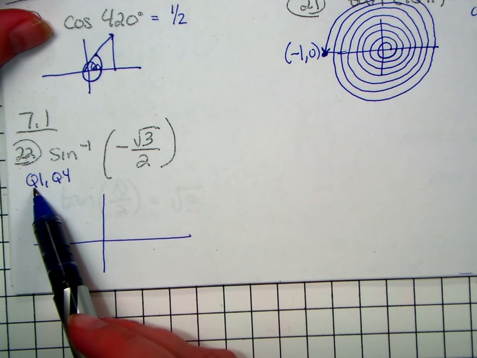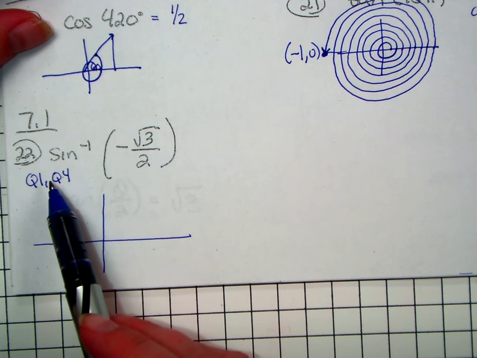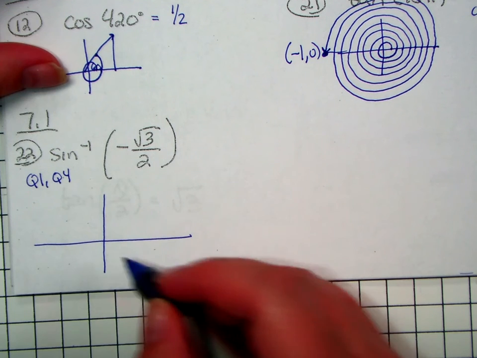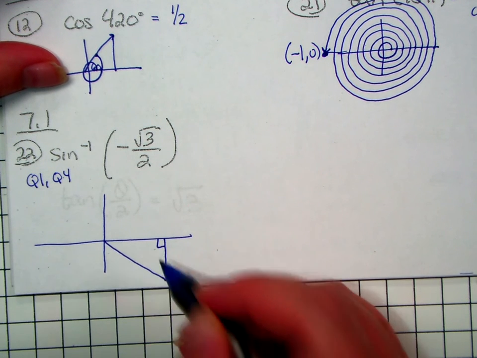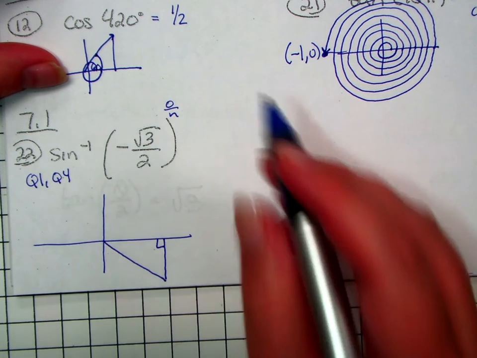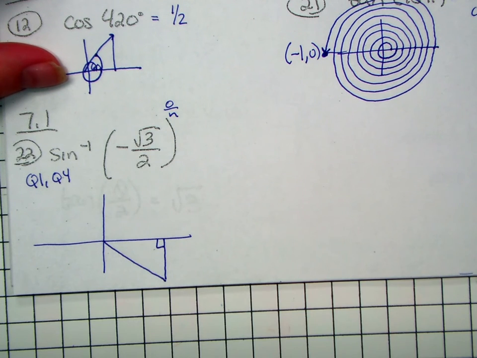We draw the triangle in quadrant 1 if the ratio is positive, and in quadrant 4 when the ratio is negative. So I'm going to draw a special triangle down here in quadrant 4. Sine is opposite over hypotenuse, so the top number is the opposite, the bottom number is the hypotenuse.